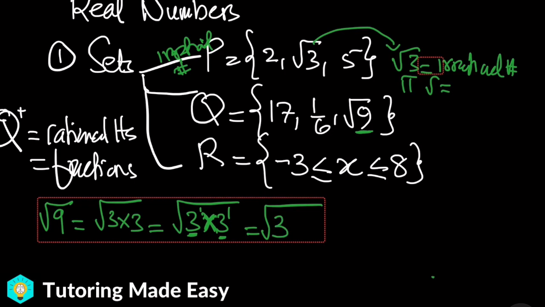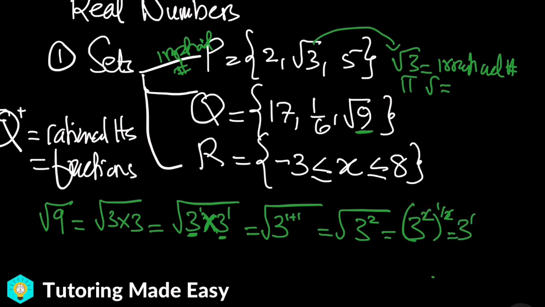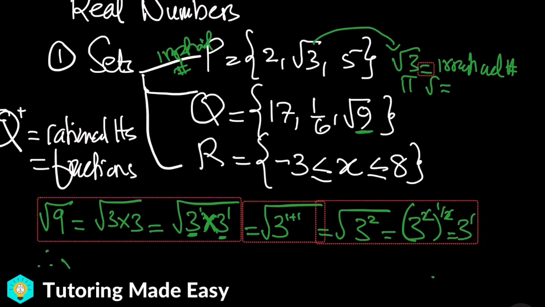So we have 3 to the power 1 plus 1, and then the square root of 3 to the power 2. Remember that the square root sign is to the power of half. So you have 3 squared to the power of half, and then this 2 cancels that, and you get 3 to the power of 1.